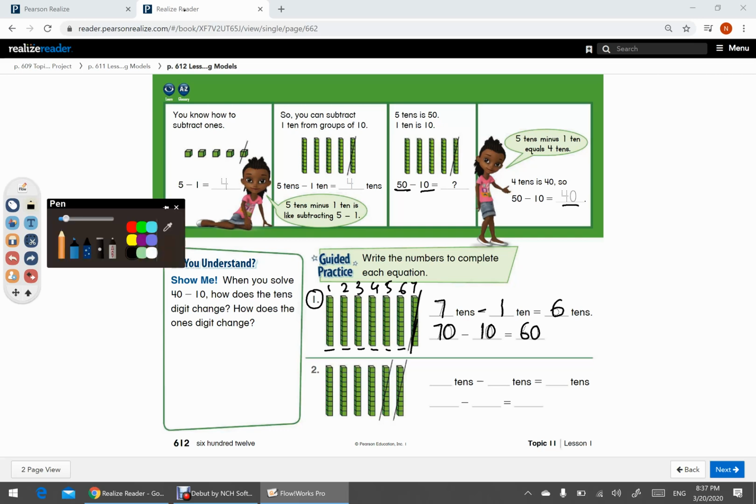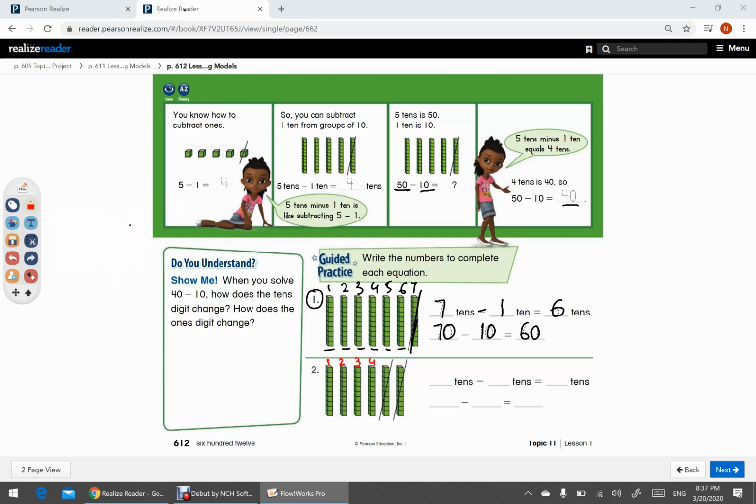Let's take another question here. How many 10s do I have in all? Let's write the number here. 1, 2, 3, 4, 5, 6. Right? We have 6 10s. Now we know 6 10s is same like 60. So from 6, you have to take away 2. 2 10s is same like 20.